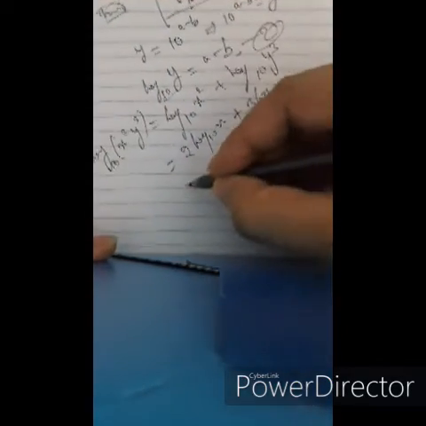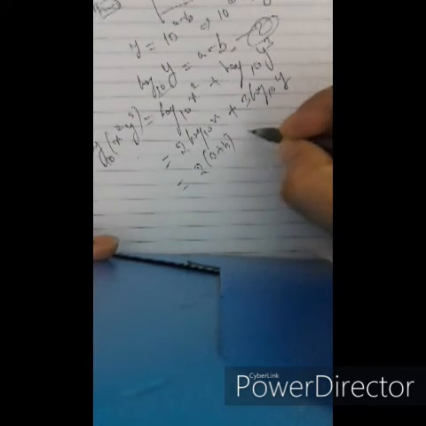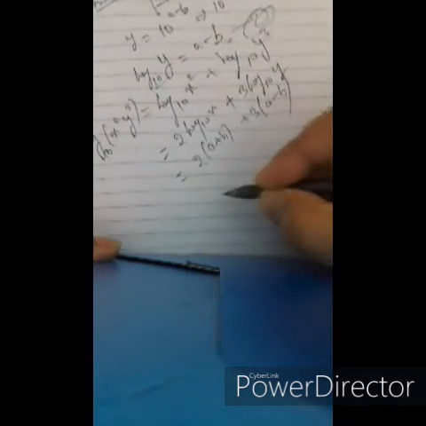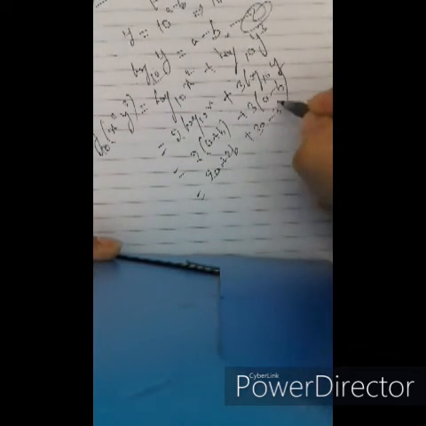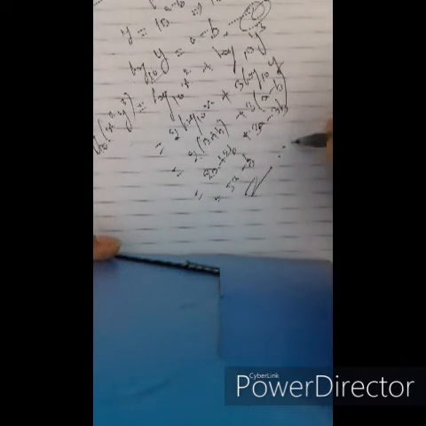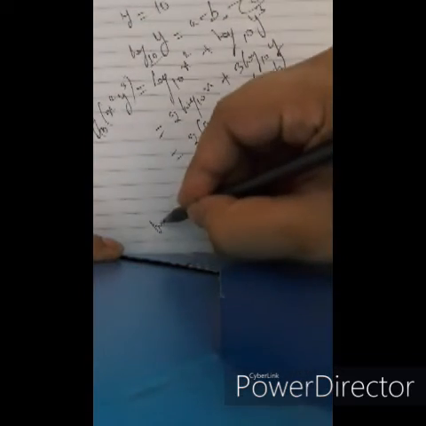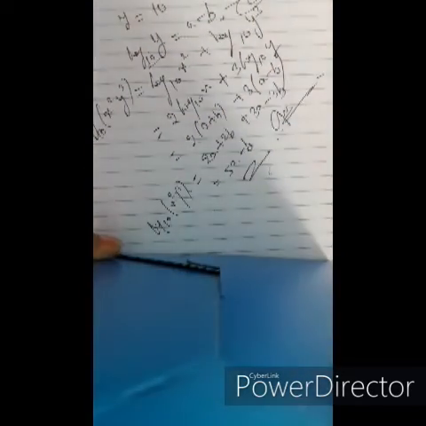So putting the values of equation 1 and 2 in this one, 2 into a plus b plus 3 into a minus b, 2a plus 2b plus 3a minus 3b, 5a minus b. That's the answer. So log 10 x square y cube equals 5a minus b.